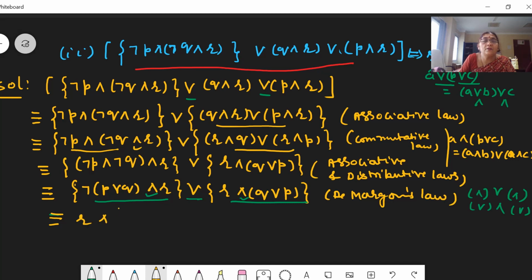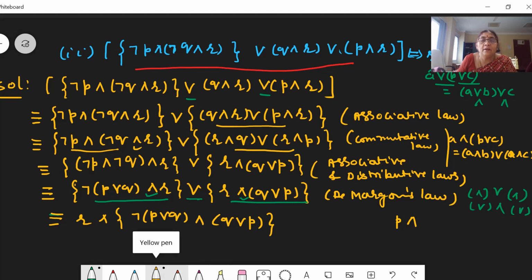R conjunction of negation of P disjunction with Q, conjunction of Q disjunction with P. See, I made a mistake here, you observe here what I told, disjunction, it's not for conjunction, okay.